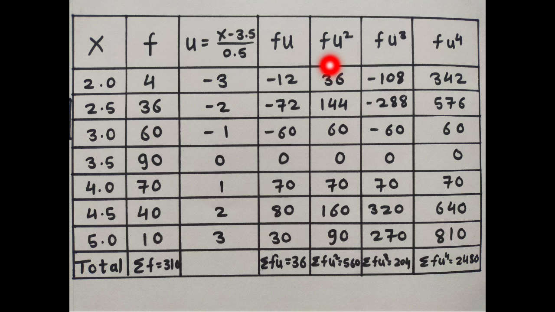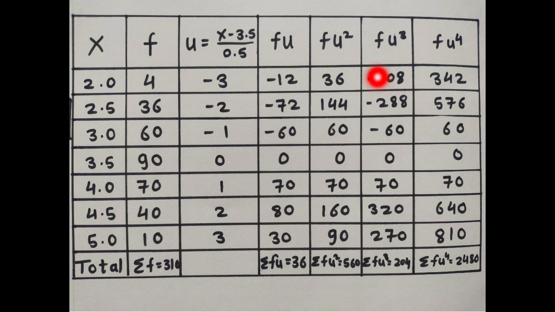In the next column we can see fu square. For finding fu square, we make the square of the u value and then multiply with the frequency, and then we get fu square. If you make the summation of this, then summation fu square is equal to 560.